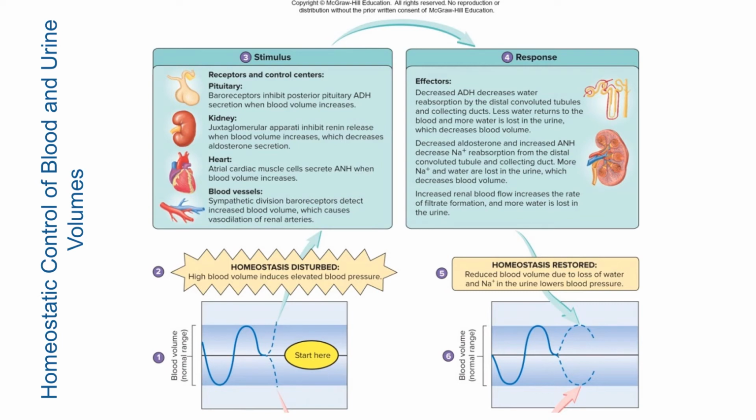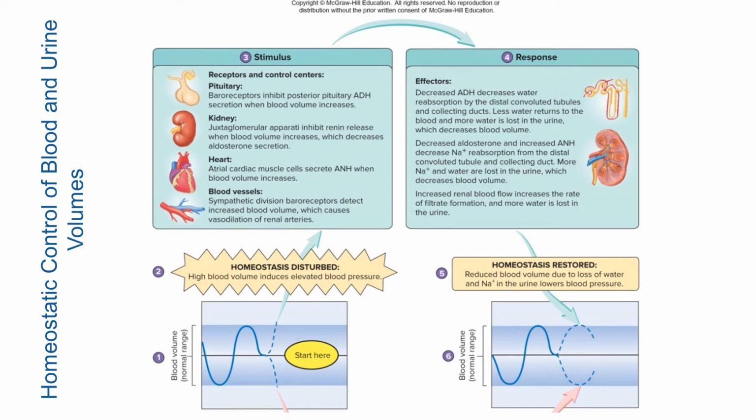In here, your baroreceptors inhibit posterior pituitary ADH secretion when blood volume increases. In your kidney, juxtaglomerular apparati inhibit renin release when blood volume increases, which decreases your aldosterone secretion.